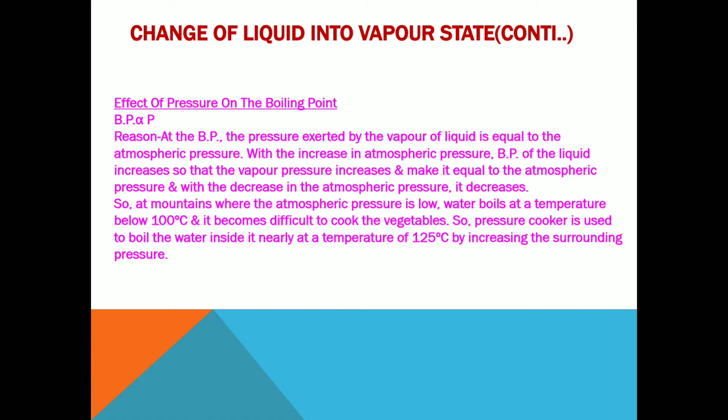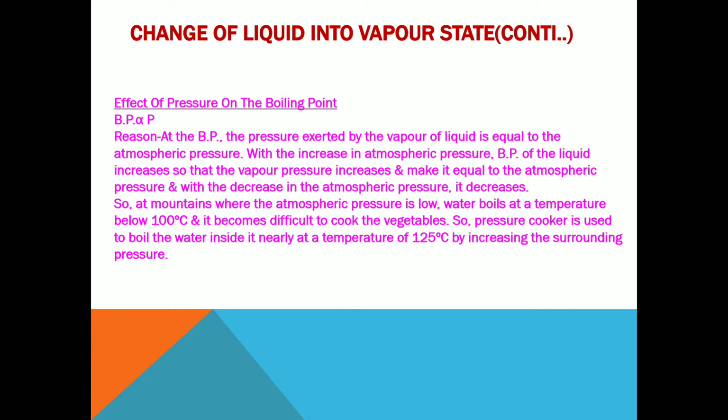The reason is that at the boiling point the pressure exerted by the vapor of the liquid is equal to the atmospheric pressure. When the boiling point of any liquid is reached, the liquid starts changing into vapor, and that vapor exerts a pressure equal to the atmospheric pressure.